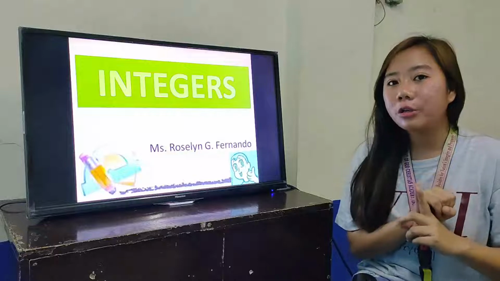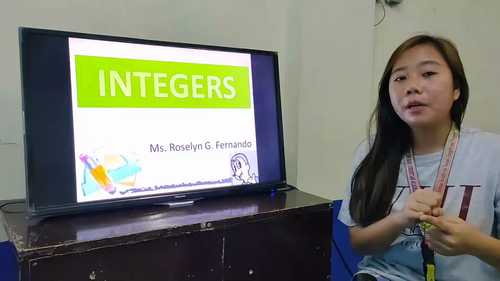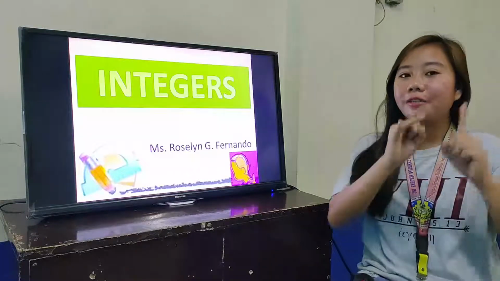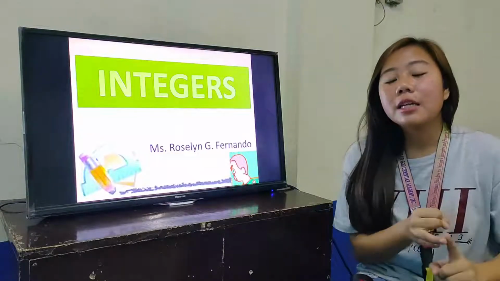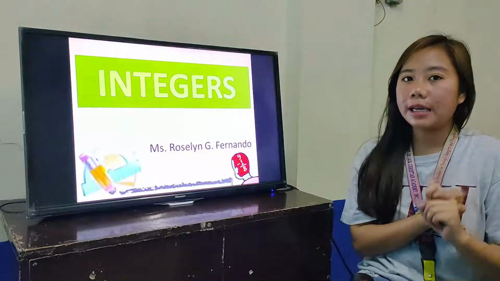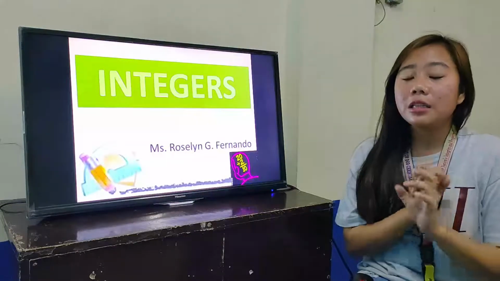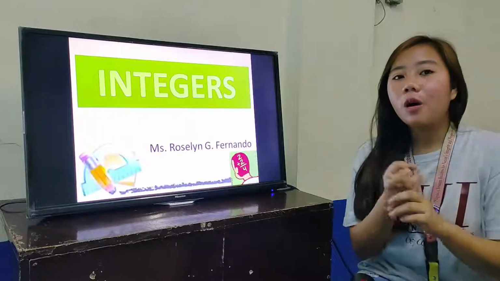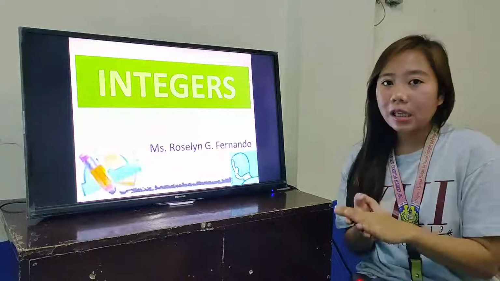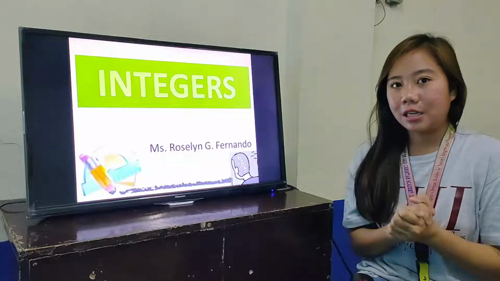The first rule is the sum of 2 positive integers is always positive. The next one is the sum of 2 negative integers is always negative. And lastly, the sum of positive and negative integers could be positive, negative, or 0.